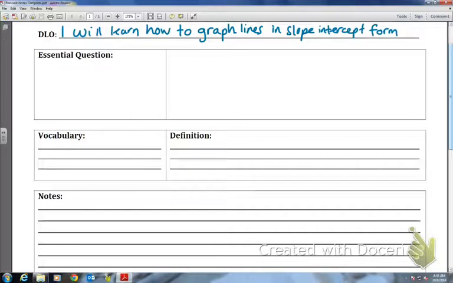So our essential question for today is: put this equation into slope-intercept form.